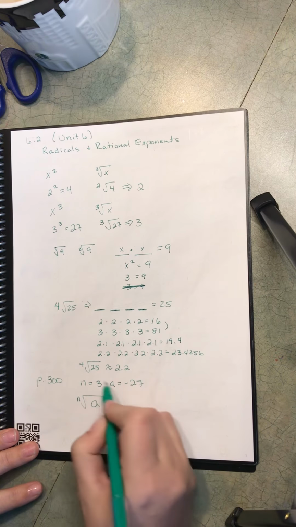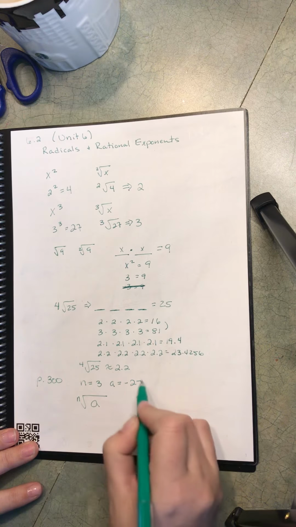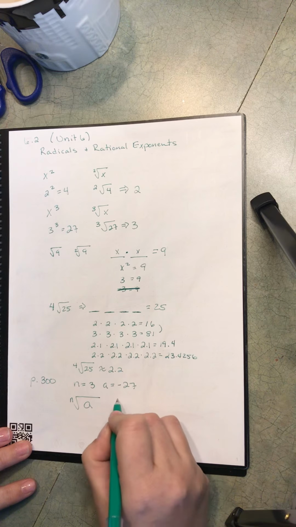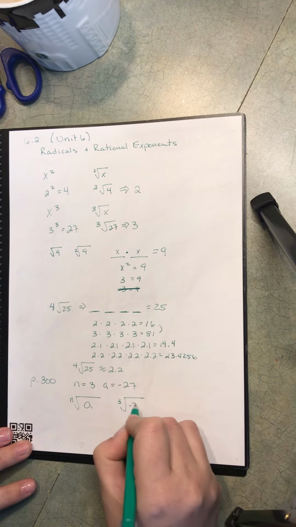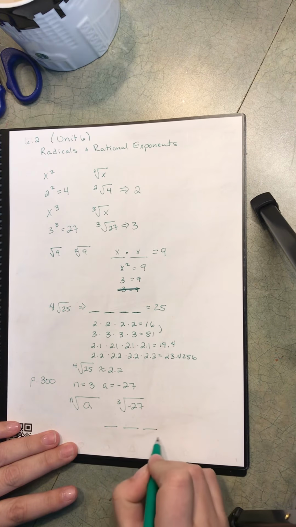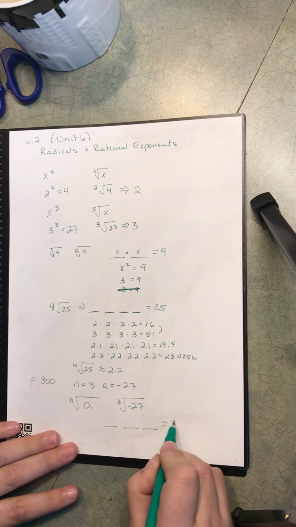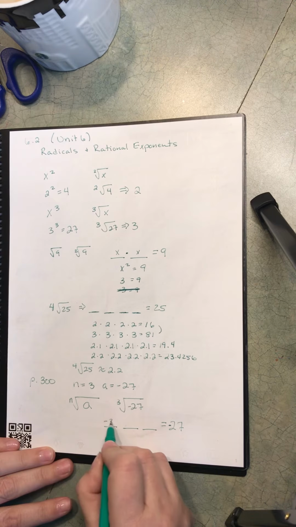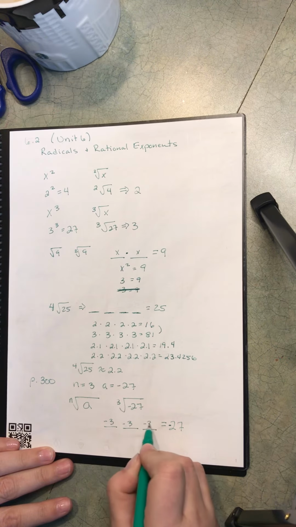So whatever n is the root, and whatever a is the number inside the root. So for this problem, it would be the third root of -27. So what multiplied 3 times gives you -27? And the answer would be -3.